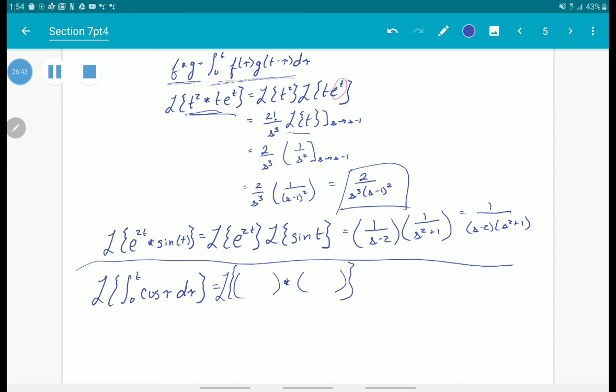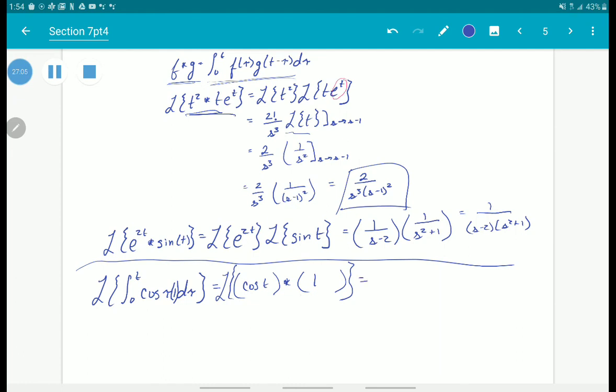So let's think about it this way. We have a cosine of tau, so there's our f function, but we don't really have anything for g. However, remember, we could just throw in a 1 there and think about that as g. So our f is cosine of t. Our g is 1. There's an understood 1 there, so we're going to utilize that for our g.